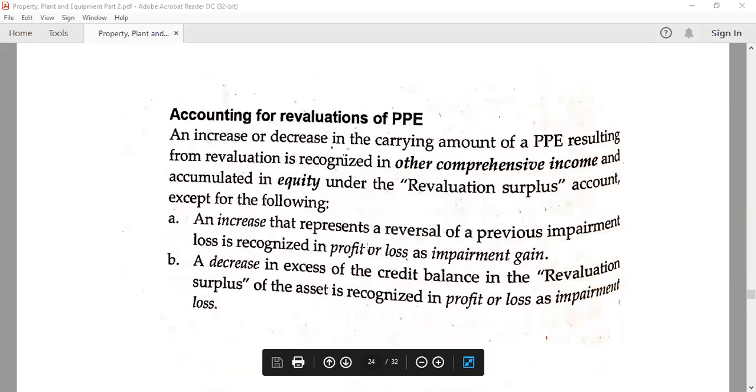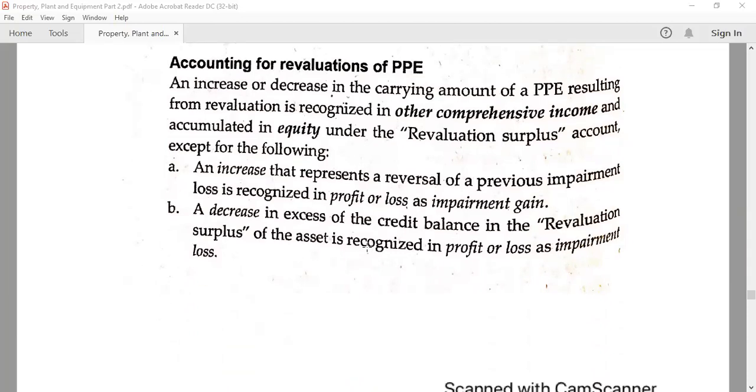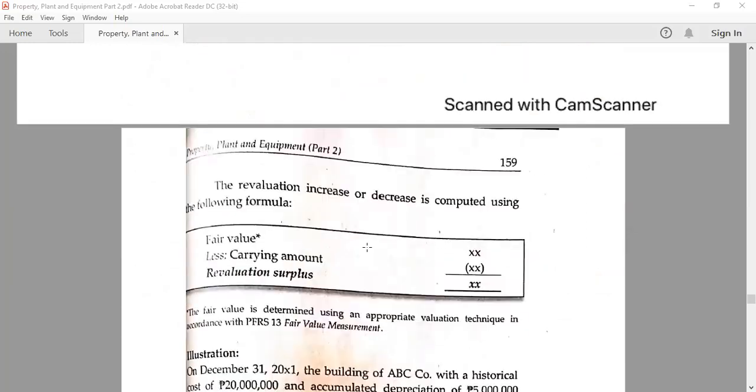For revaluation of PPE, again, we discussed that revaluation surplus is part of OCI, or other comprehensive income. If there's an increase that is a reversal of a previous impairment loss, that's now part of the gain in profit or loss. But if there's a decrease of revaluation surplus, that's still part of profit or loss.